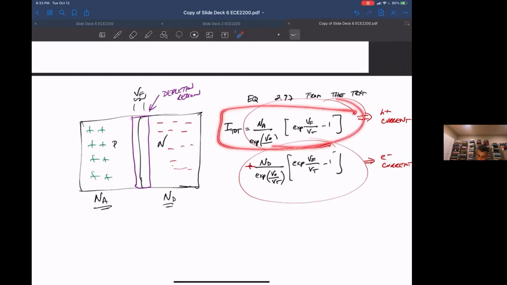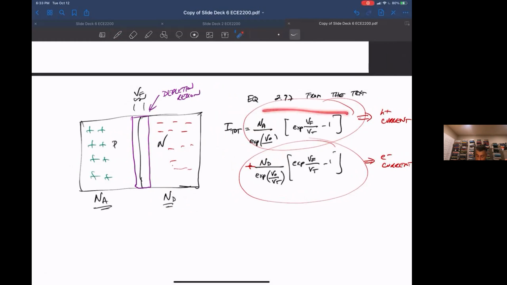Now, nothing says that N sub A has to be equal to N sub D. Let's say the doping concentration of donors on the N side is 10 times higher than the doping concentration of acceptors on the P side.